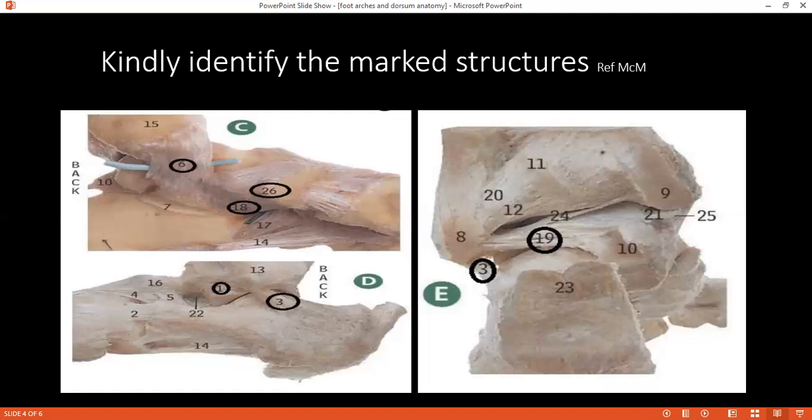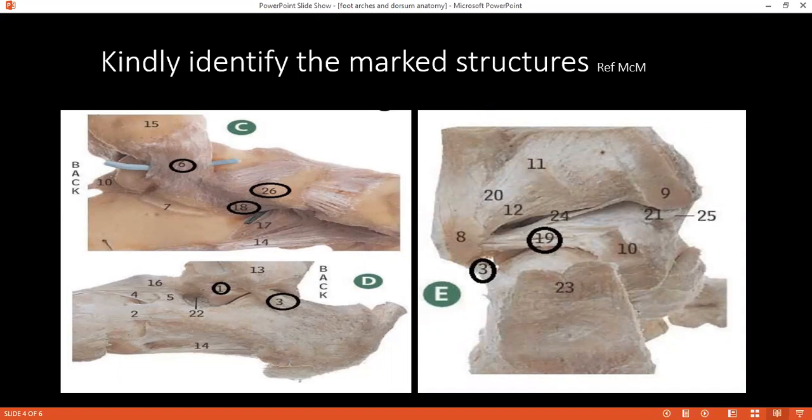Superiorly, it is attached to the medial malleolus. Yes, and inferiorly it is attached to 5 places: calcaneus, neck of the talus, spring ligament, navicular bone, and the body of talus as well.